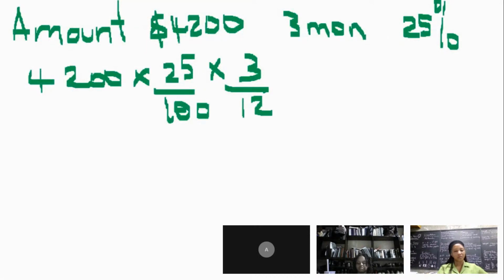That means the 100 and the 4,200 can be divided by 100. 100 into 4,200 goes 42 times. And 3 into 12 goes 4 times.